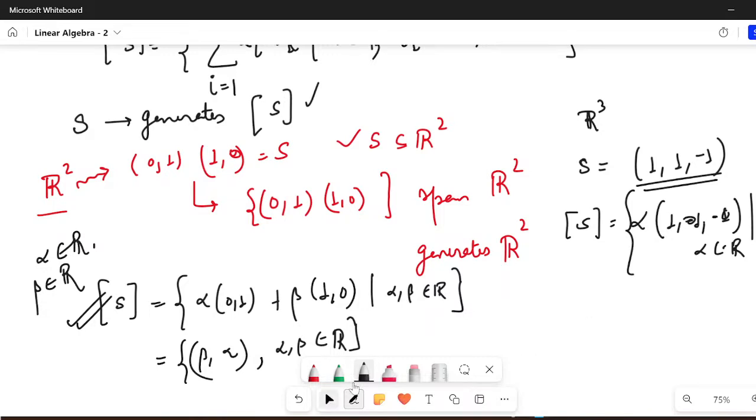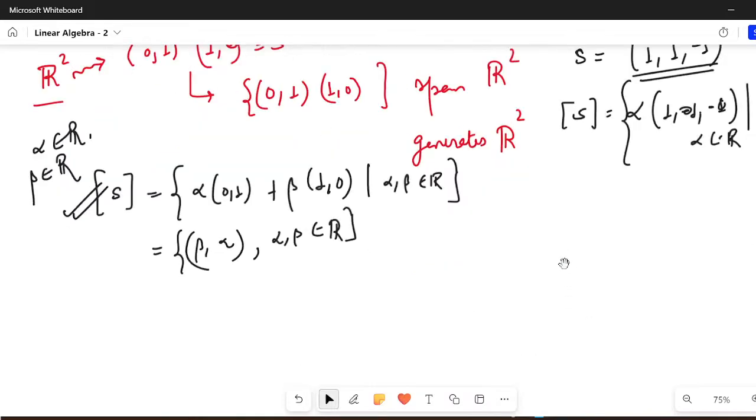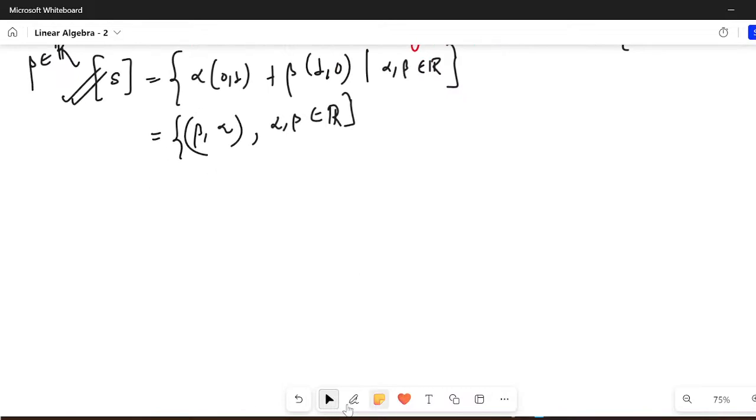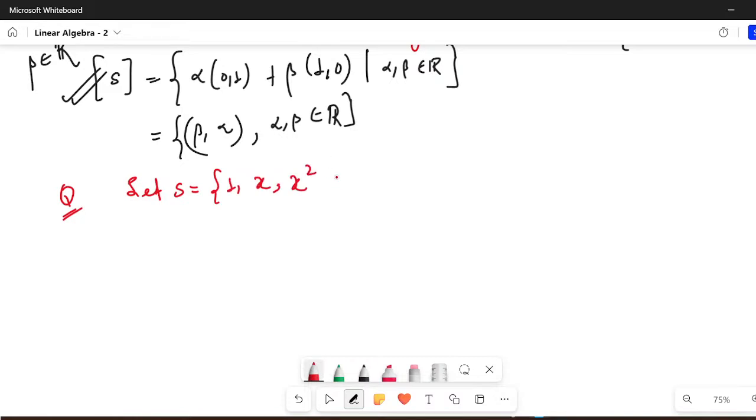Now just give me an answer to this question. Let S be defined as 1, x, x square, and this is a subset of the set of polynomials.